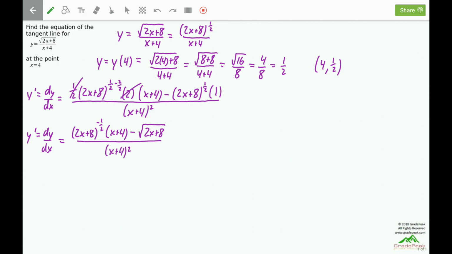I'll leave the denominator alone. Now we have a negative exponent. This will move to the denominator of just this term, so it's going to move below that. So we will have x plus 4 over 2x plus 8 to the positive 1/2.